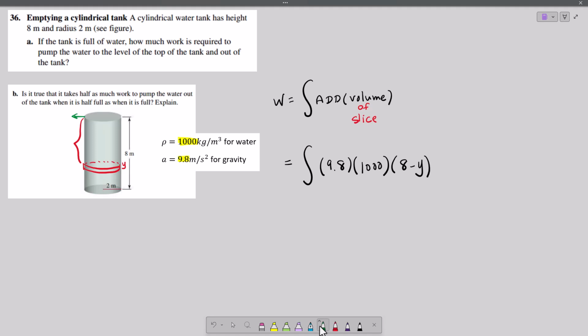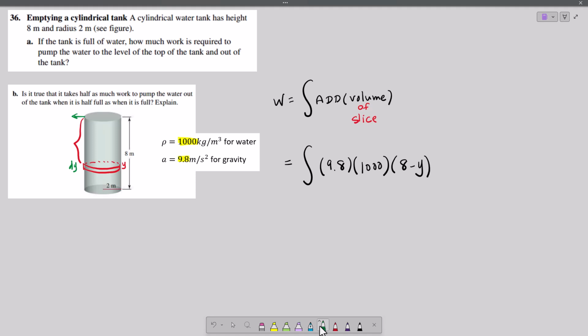That slice has volume, and the thickness of that slice is dy. So the volume of the slice means, in this case, the area of the cross section multiplied by the thickness, which is dy. So this is the volume of the slice.